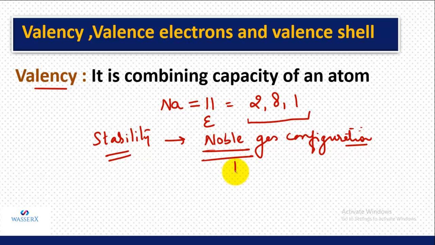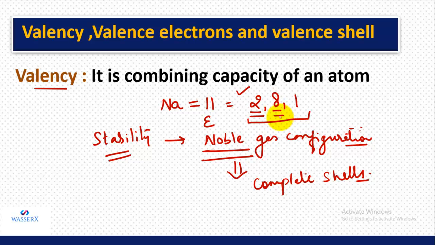So the noble gas is the one which has complete shells. That means the shells which are present should be complete. They should accommodate the maximum electrons according to the Bohr-Bury rule. If you focus on sodium, you will see that the first shell can accommodate 2 and it already has 2, so it is stable.